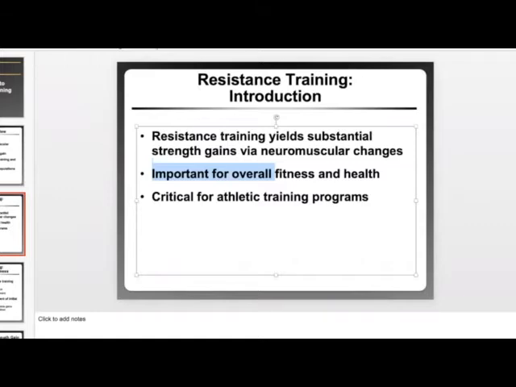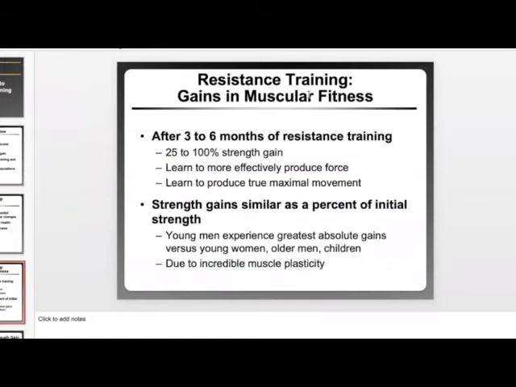Now, resistance training is quite effective. After 3 to 6 months of resistance training, you can see as much as 1/4 to 100% improvements in strength gains. Now, some of this increase in strength gain is because muscle mass is increasing, but some of this increase in strength gain is because individuals are learning to more effectively produce force, which means that their technique is improving.